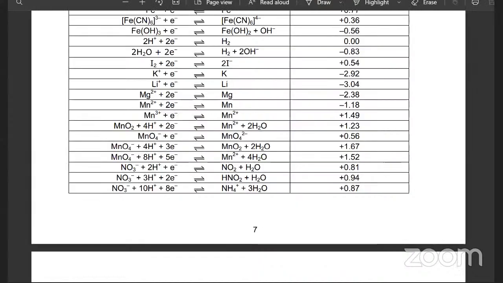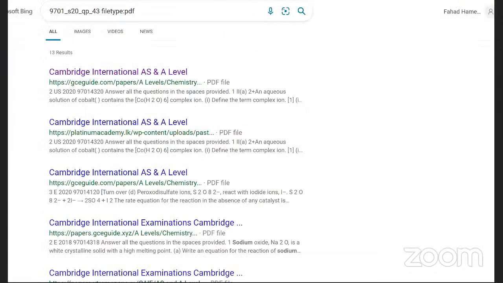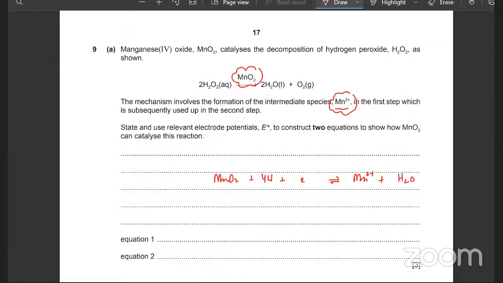I can check the numbers. So it's this one: 2H2O, 2 electrons, 1.23 volts, and this one is 4H+. So this is one of the reactions.